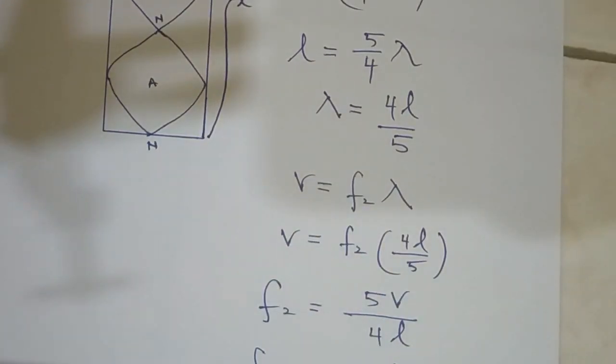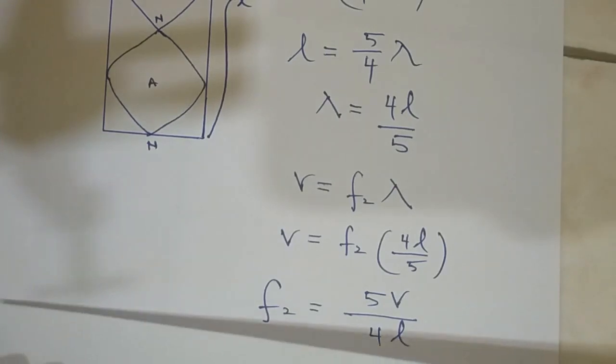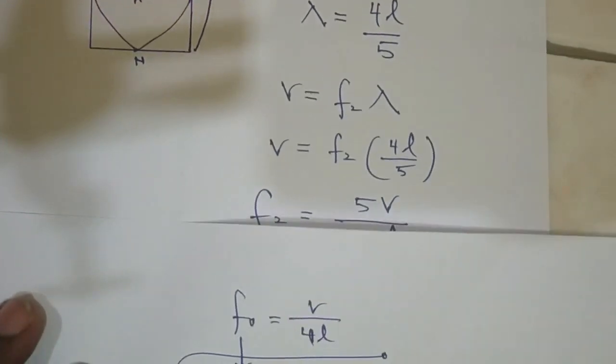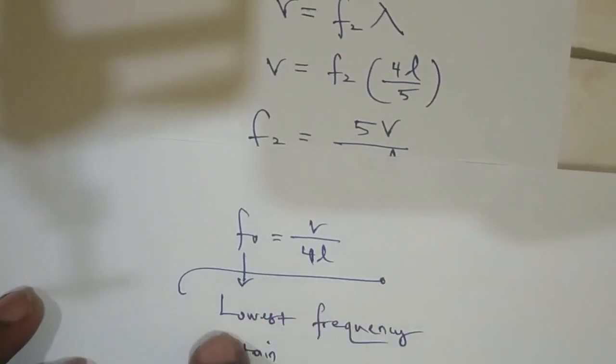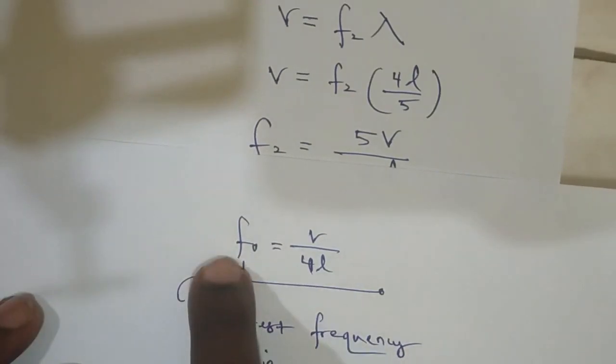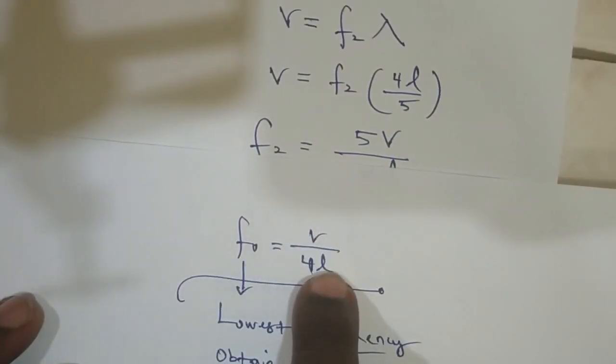We know that F0 is V over 4L, which is the lowest frequency.